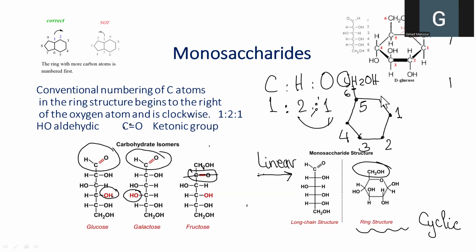This is not a carbon atom. This is an oxygen atom. How did this occur? This is an oxygen atom that resulted from a chemical reaction between the two ends of the molecule, after the molecule has been converted into a cyclic structure.